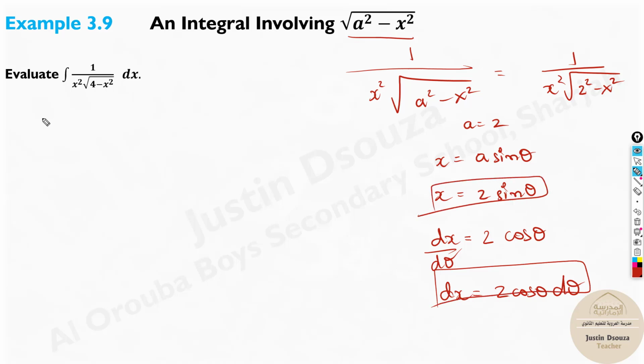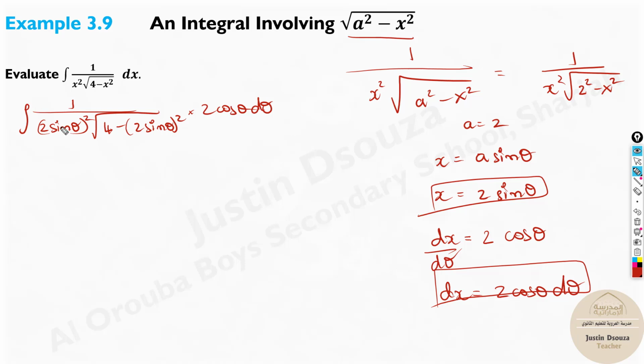Let's substitute it back. So we will have to evaluate 1 by 2 sine theta the whole square, that is this x square, square root of 4 minus again 2 sine theta the whole square, times dx, which is 2 cos theta d theta. This is it. Now, how can we go further?